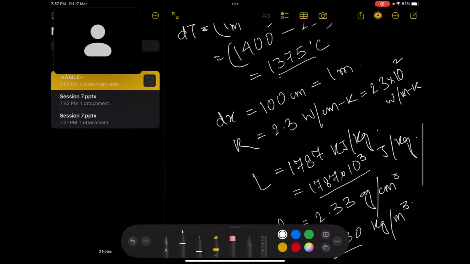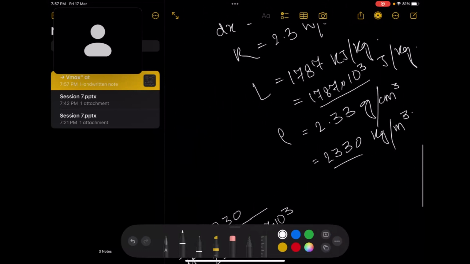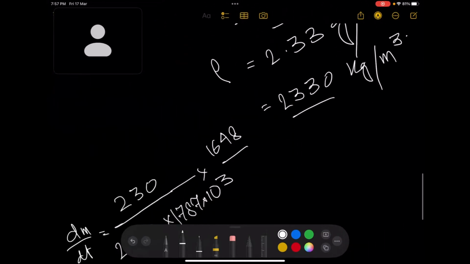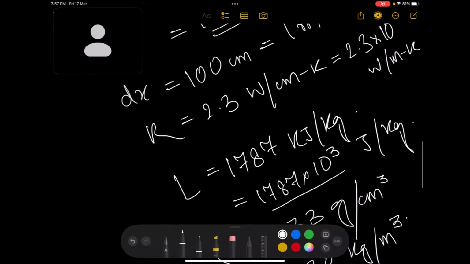Your dT is 1375 degrees centigrade. You convert it to Kelvin, and that becomes 1375 plus 273, which is 1648 Kelvin, multiplied by 1648 divided by your length of fusion zone dx, that was 1 meter.